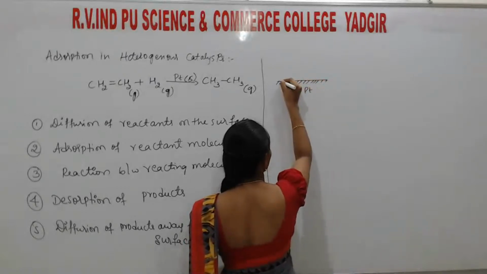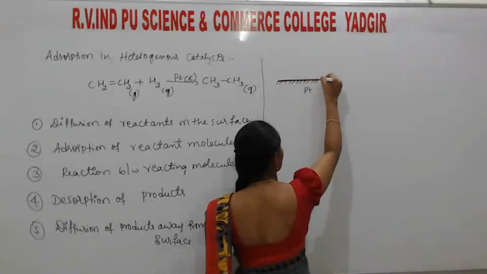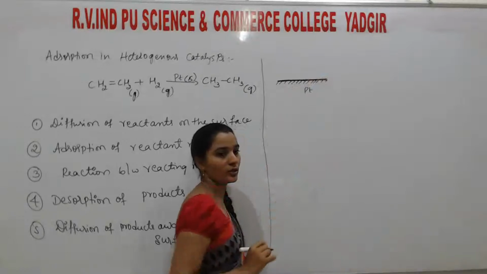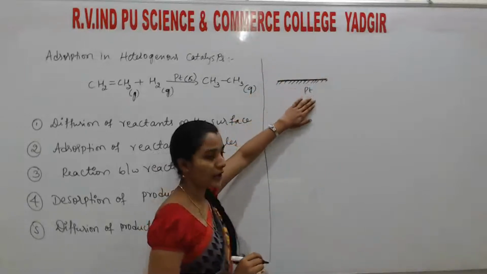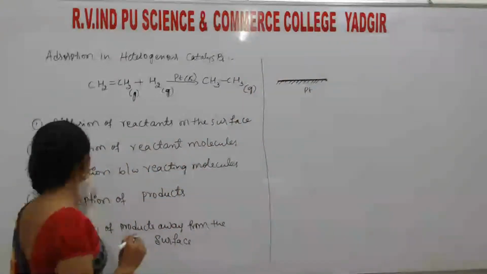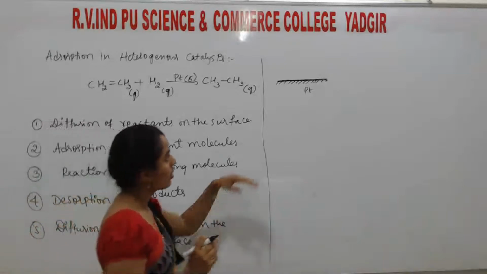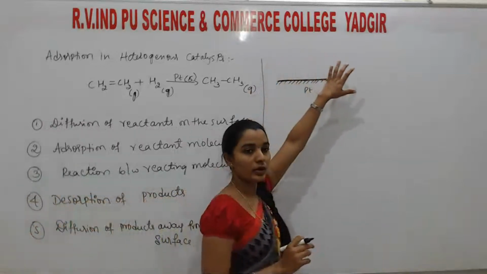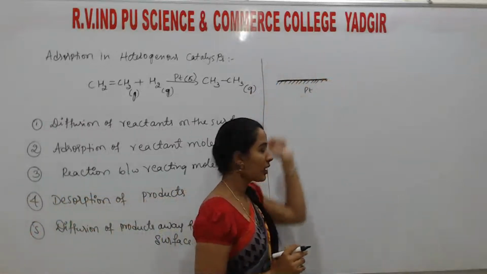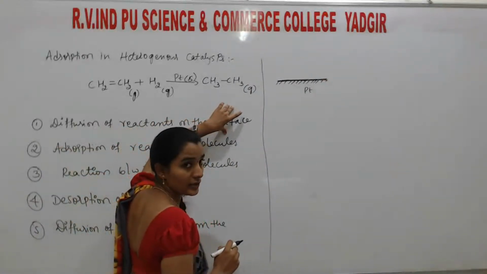This is platinum, which gives a surface for the molecules for adsorption. This is the surface of platinum available for adsorption of the reactant molecules. Here the reactant molecules are hydrogen and ethene. First, what happens? Diffusion of reactants on the surface.